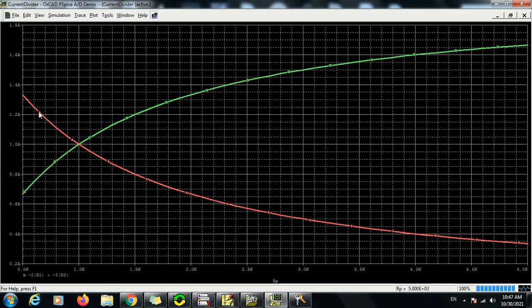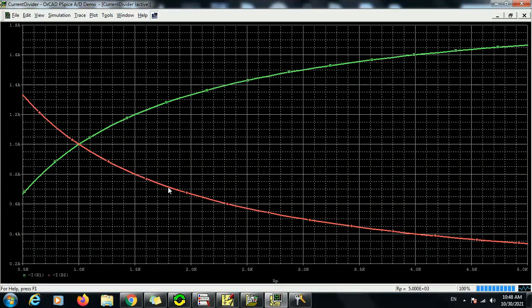Again, you see that the change in R2 is non-linear. The change from 1 kilo ohm to 1.5 kilo ohm has caused the current in the R2 resistor to drop from 1 amp to 0.8 amps, so actually 0.2 amps.